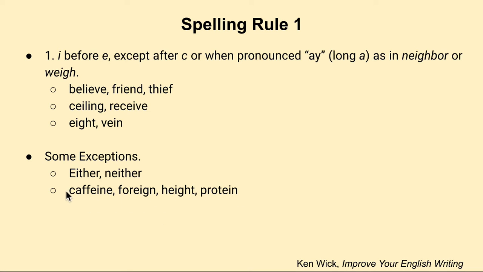These, I would say, are common words. So here are some notable exceptions of common words, and I'm pretty sure I can at least list another 10 exceptions. That's spelling rule number 1. So I call it a rule of thumb. Generally, I before E except after C, or when pronounced A as in neighbor and way. So it's a good rule of thumb. Not always true, as we can see here.